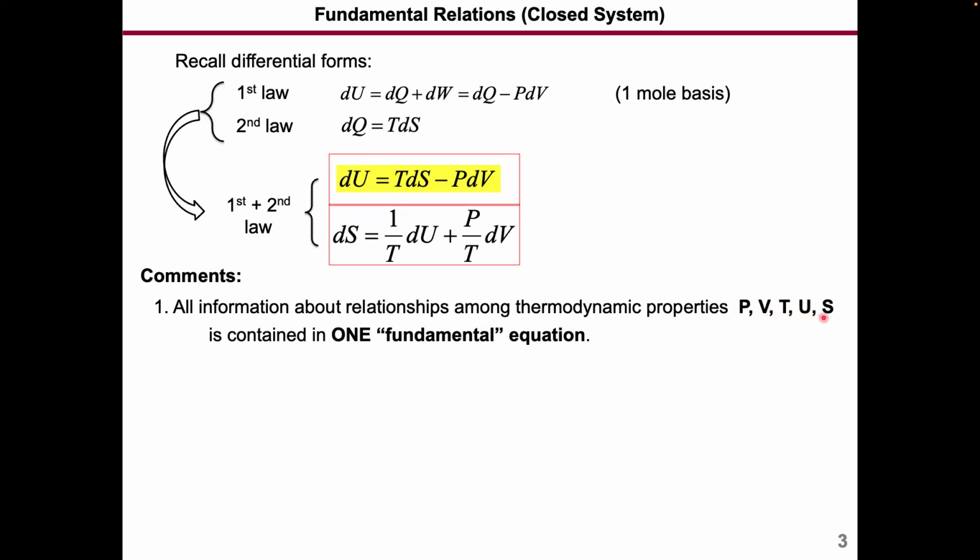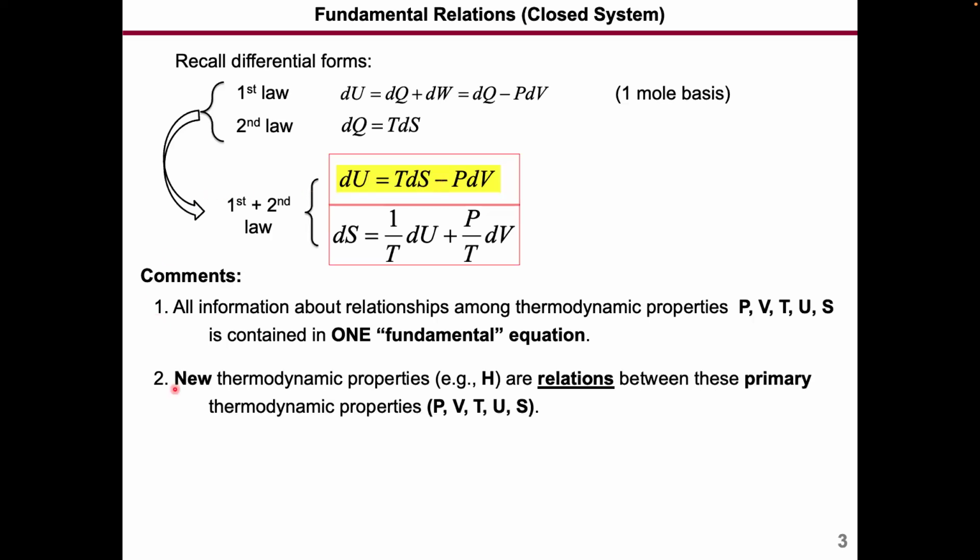P, V, T, U, S are contained in this single fundamental equation. And this fundamental equation is again combining the first and second law. So basically this equation is always true, right? And now we also talked about the enthalpy, right?